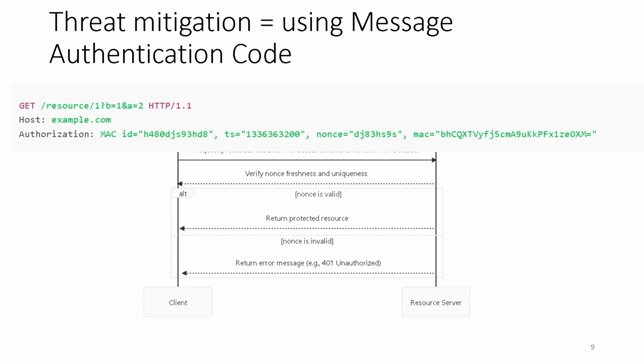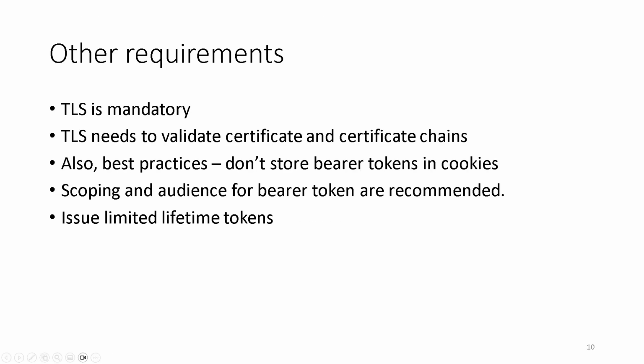The resource server validates the nonce by checking it against the asymmetric public key of the sender. So it's using cryptographic functions like an asymmetric key to validate the nonce. That cannot be spoofed. Other requirements that we need to have also, the things that are mandatory.